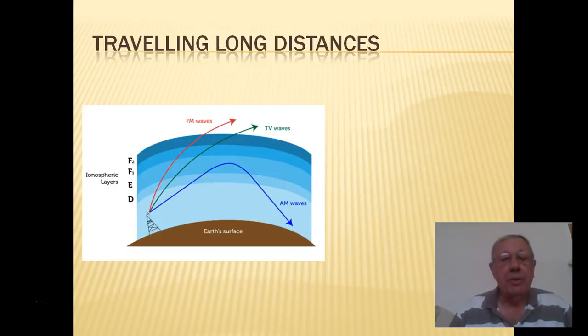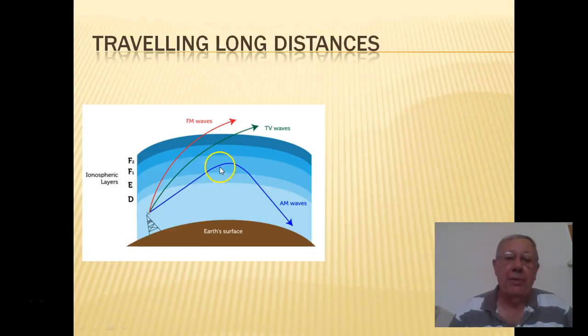Another difference between the two is how they travel. FM waves are actually used to communicate to outer space. They can pass through what's called the ionosphere, which is a layer of the Earth's atmosphere which reflects some waves. It reflects AM waves. The reason it does this is not related to the fact that it's amplitude modulated. It's really related to the lower frequency.